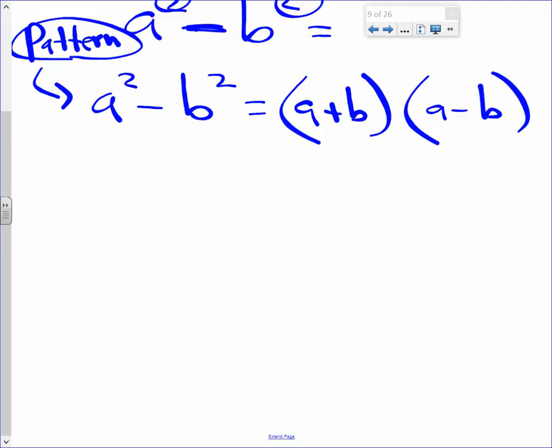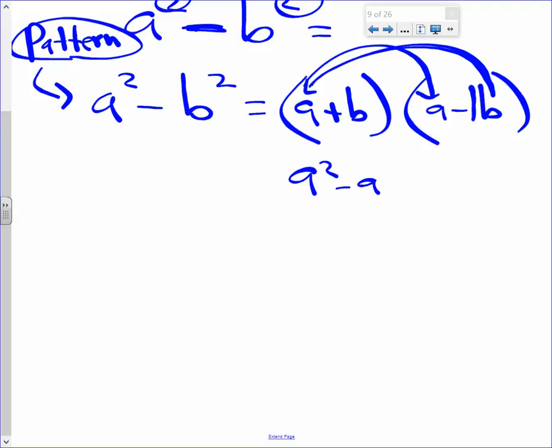I'm going to multiply this stuff, and it's going to become this stuff. Watch this. What's A times A? What's A times B? In this case, it's negative AB. What's B times A?